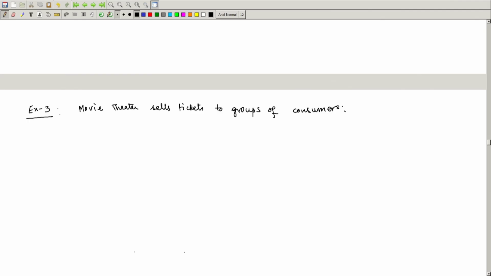One of the groups we are going to call the general public, given by the notation GP, and the other group we are going to call the student group, denoted by S.